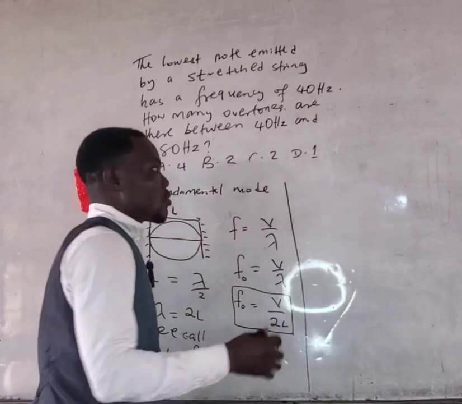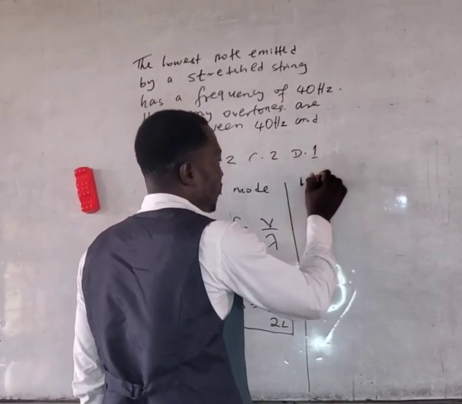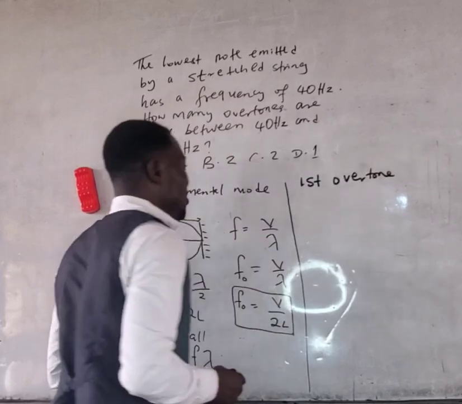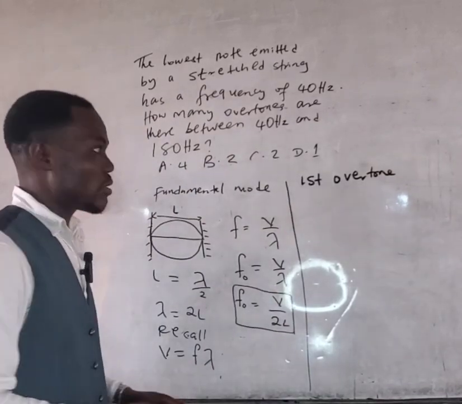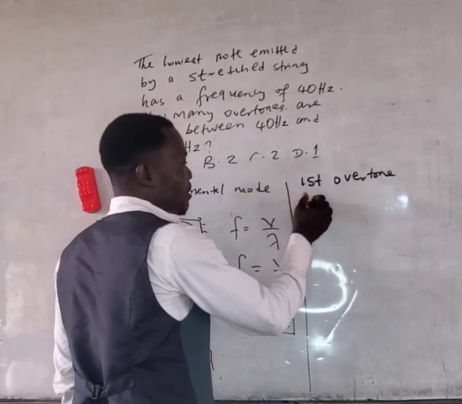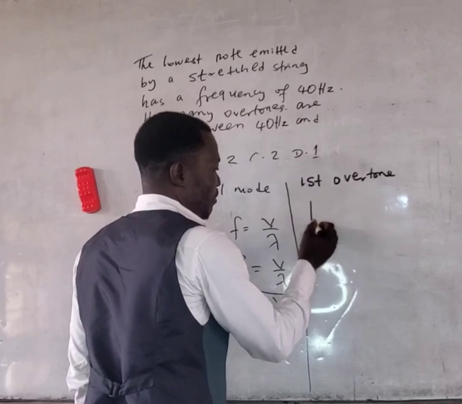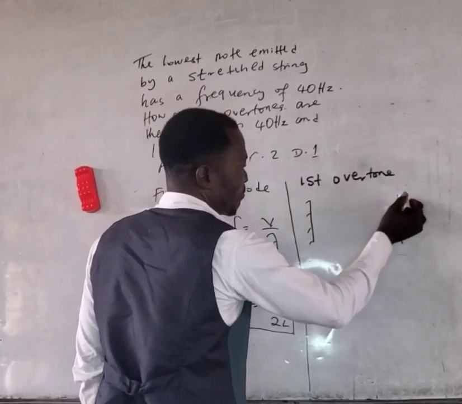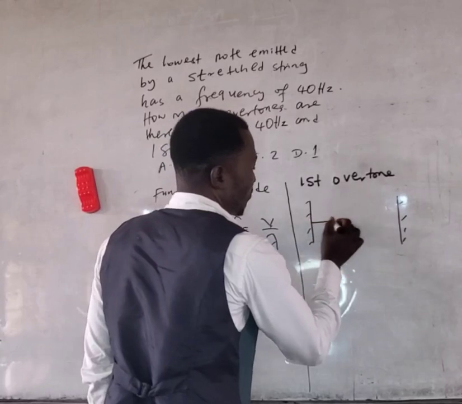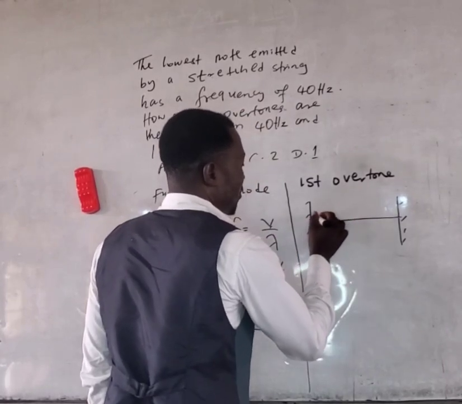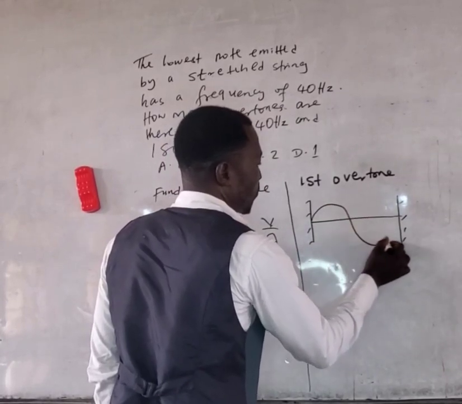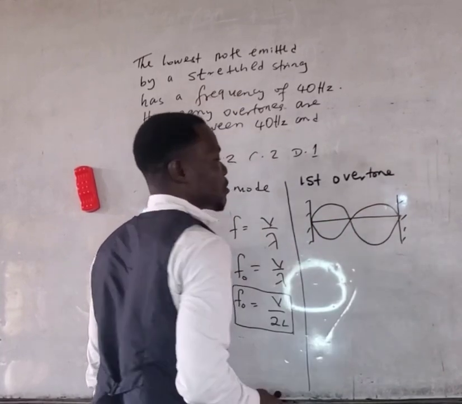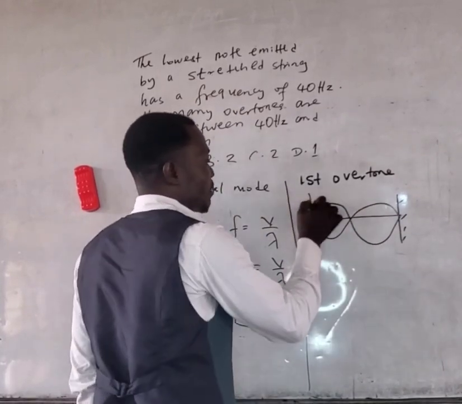So now for the first overtone, the particle vibrates this way. There is just one additional loop added.